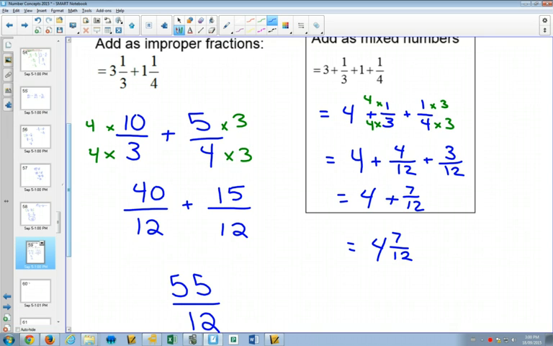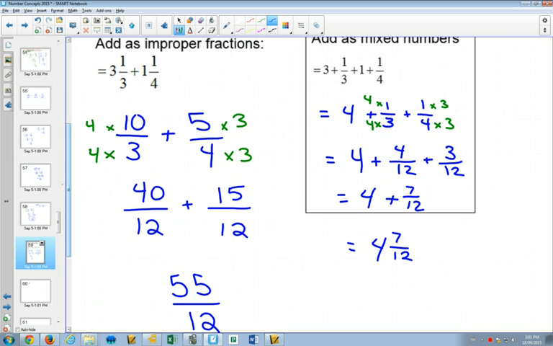Have you added mixed numbers before? How many people remember doing the improper fractions as the method? Method 1. How many people remember doing method 2? So some of you did both. How many have never added mixed fractions before? Just Ryan?